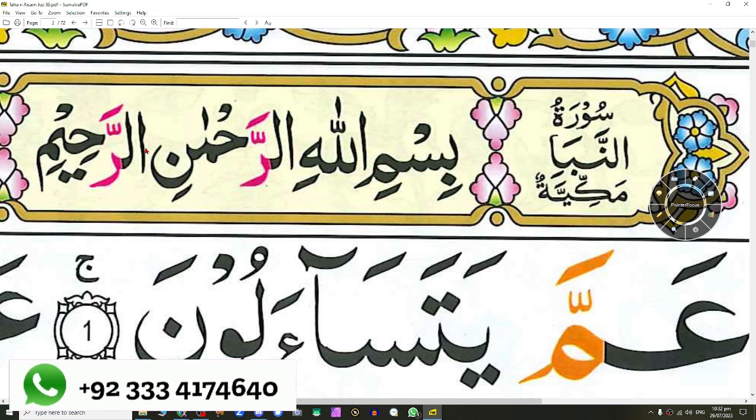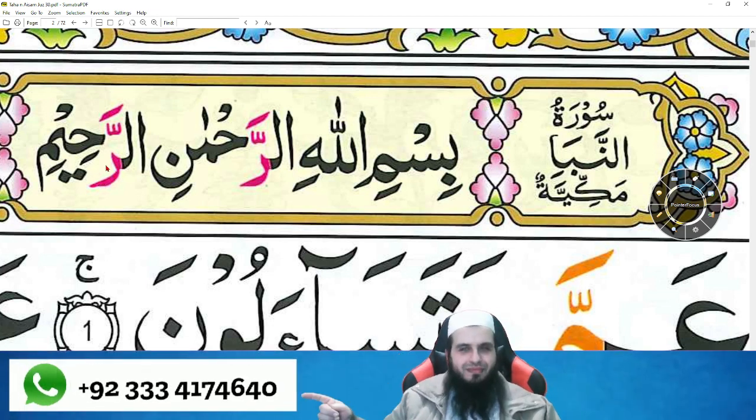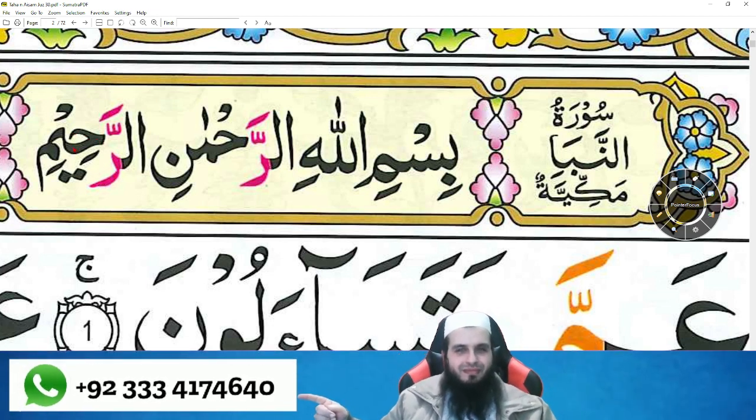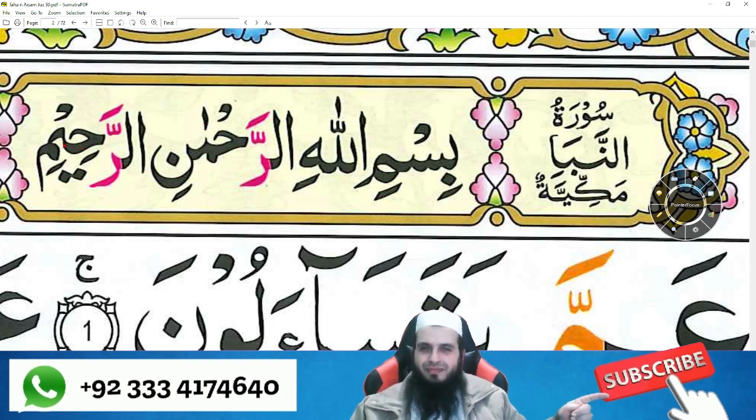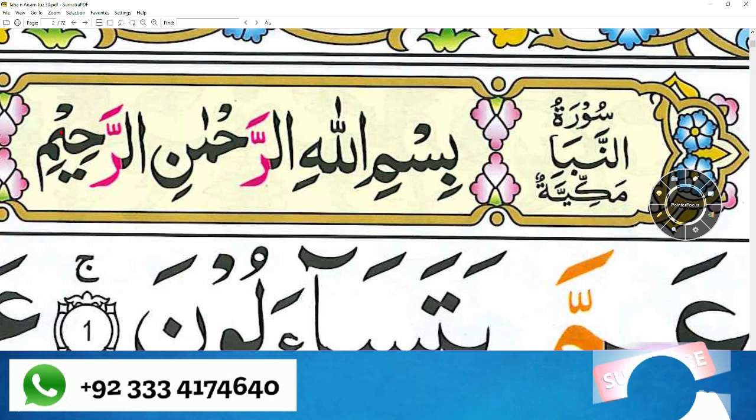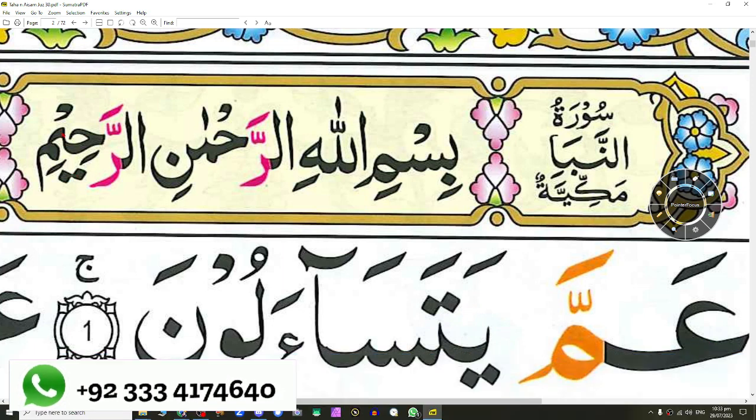Good job. Which letter is this one? Alif. Which letter is this one? Lam. What about this? Ra. Good job. Which letter is this one? Ha. Good job. One spike, two dots at the bottom. Which letter is this one?